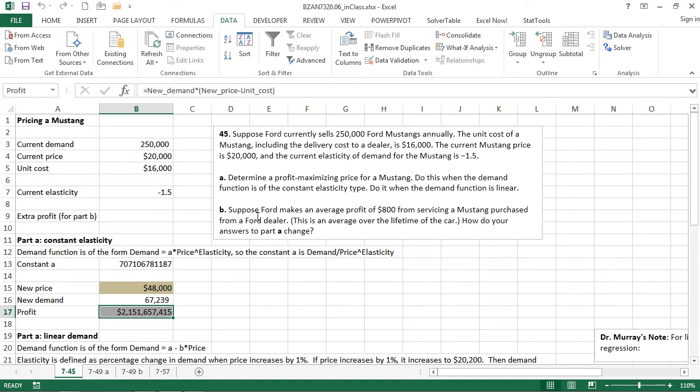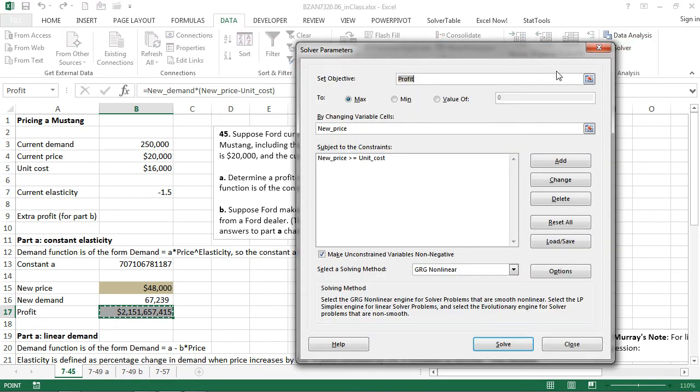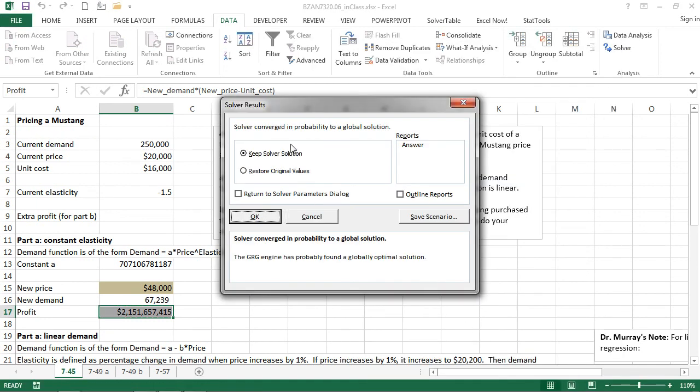It's possible that that global optimum you can't ever get to. You might get stuck in a valley somewhere and never find your way out. That's one of the problems with the algorithm. That's why, again, look at what the solution says when it reaches an answer. It says not that it converged, but that it converged in probability to a global solution.